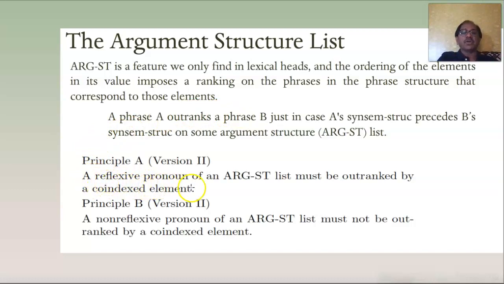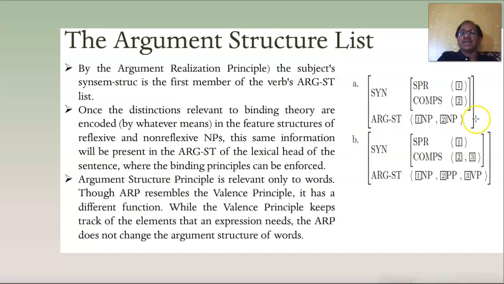A reflexive pronoun of an argument structure list must be outranked by a coindexed element. So you have, let's say this is a reflexive. This can be coindexed with this NP because this outranks.